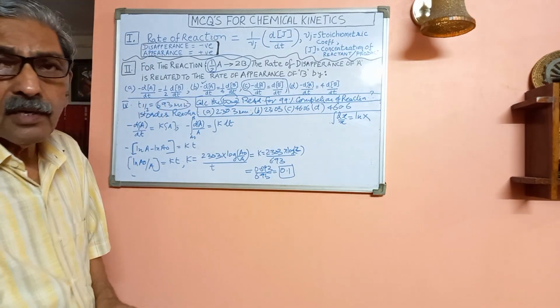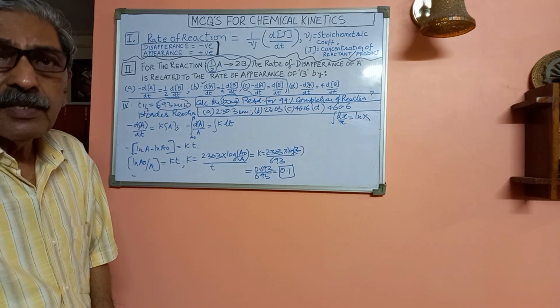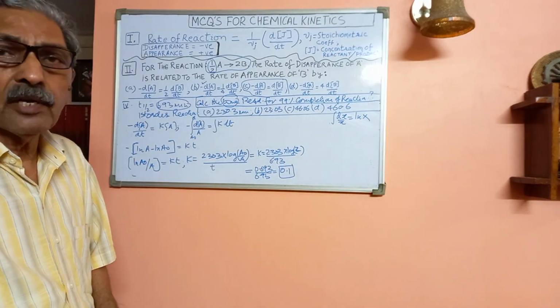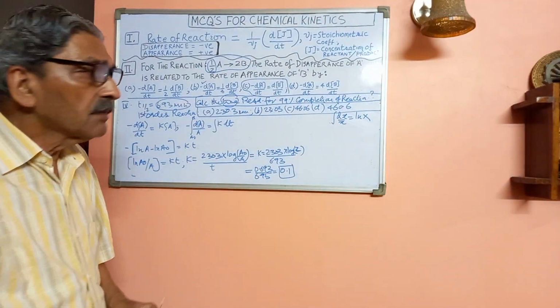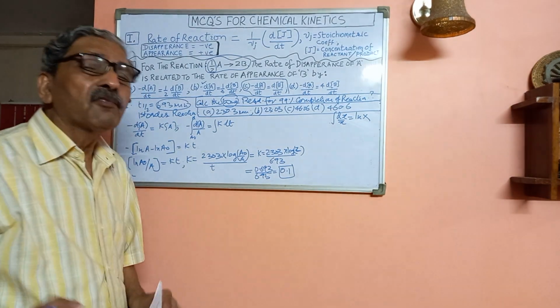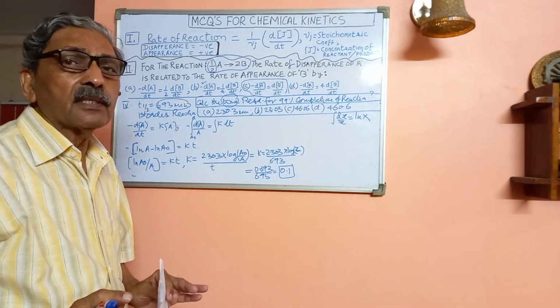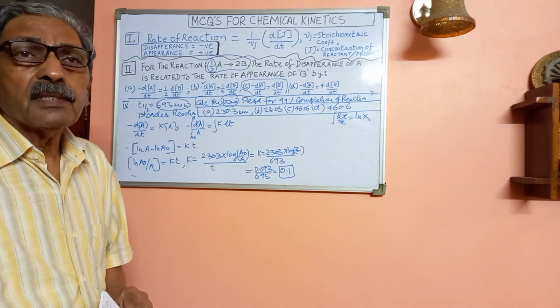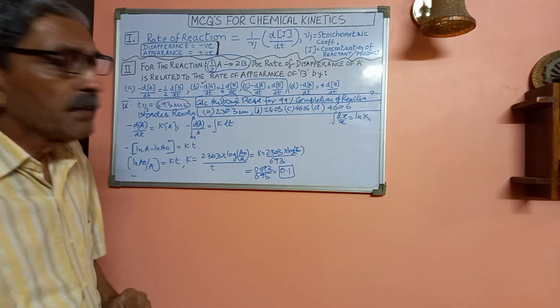Now once we know this K, we can put it in and find out the time required. 99% means that if you started with 100%, you have completed 99%, so only 1% is remaining.